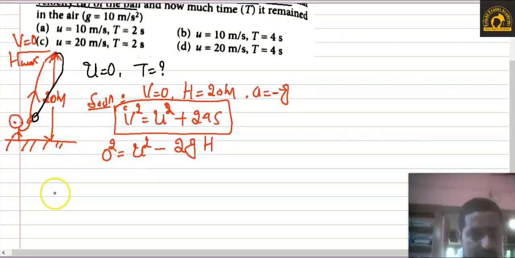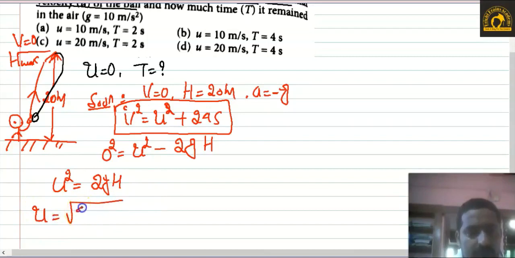So the initial velocity: u square is equal to 2gh. Then u is equal to the square root of 2gh, so that is the square root of 2 into 10 into h, which is 20.